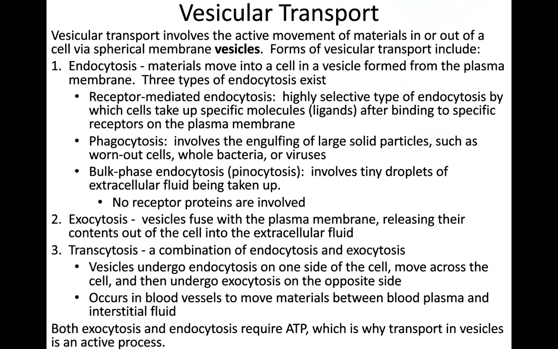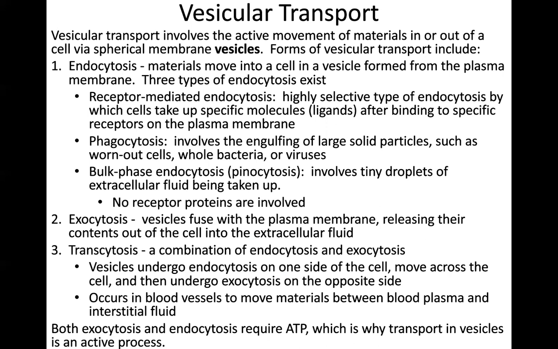Okay, the third and final form of active transport is called vesicular transport. This is the movement of materials into or out of the cell via small spherical membrane vesicles.